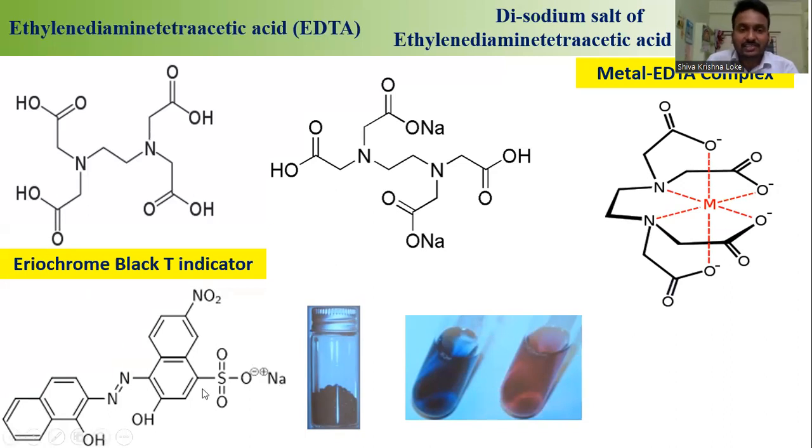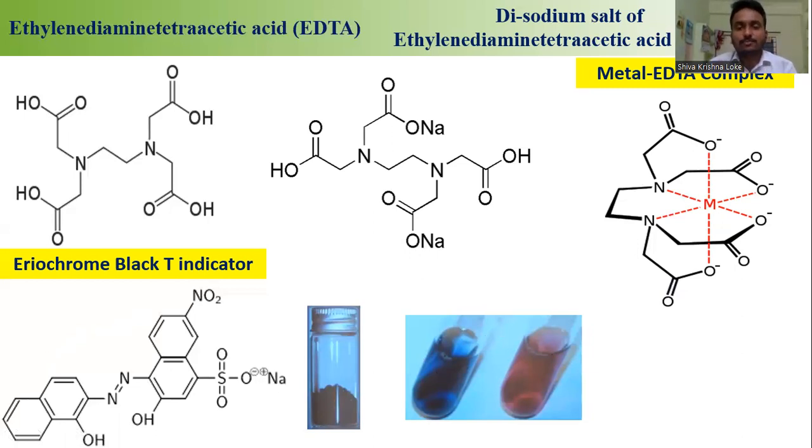And this is a pH sensitive indicator. If we change the pH of a given medium, the color of the indicator will also change. Generally, it will appear as a blue color, okay? But whenever it binds to a metal ion, it converts into wine red color.